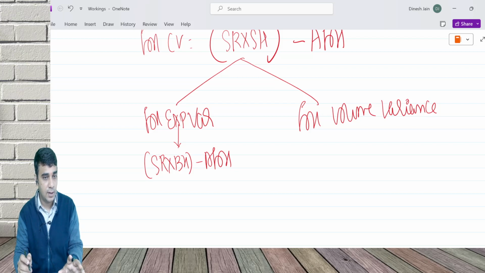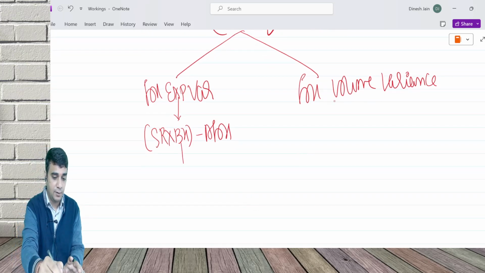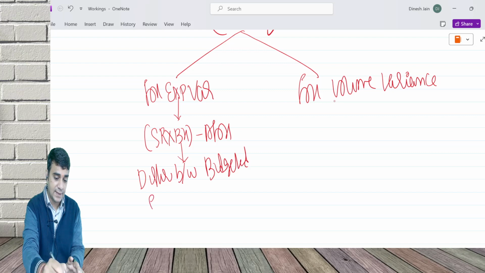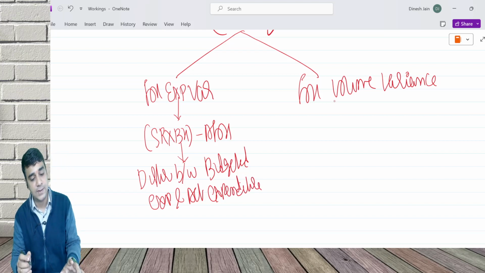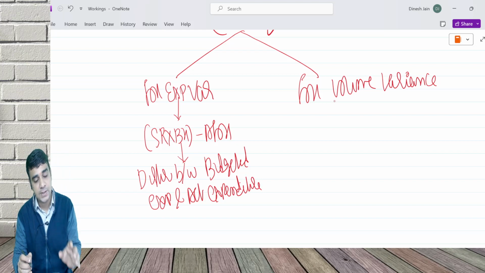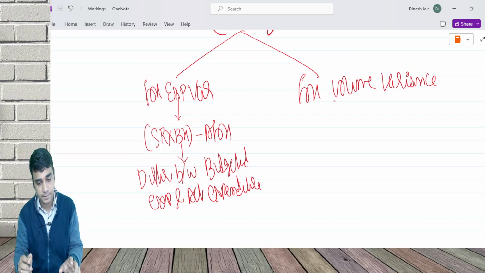Below this you can write a line of explanation for yourself: difference between budgeted expenditure and actual expenditure. That is what expenditure variance is. Clear?